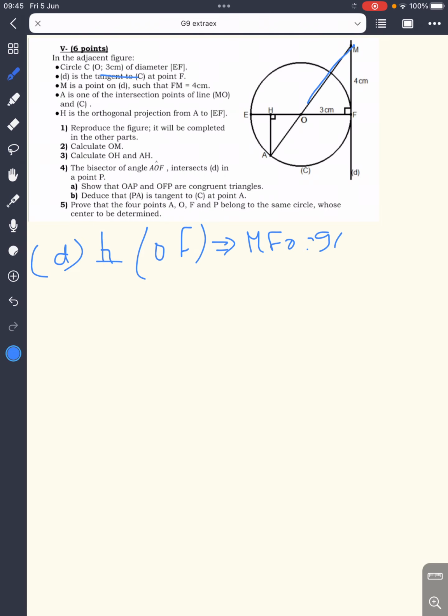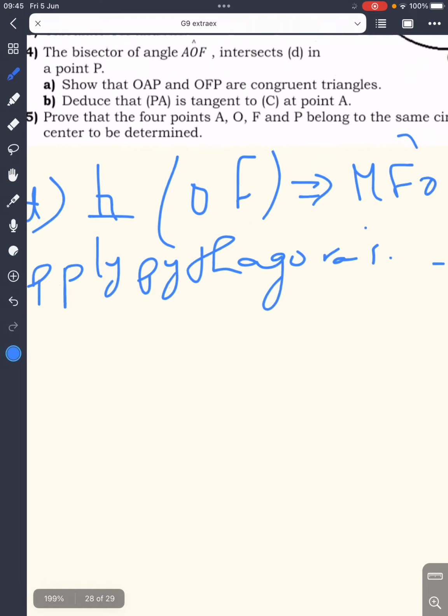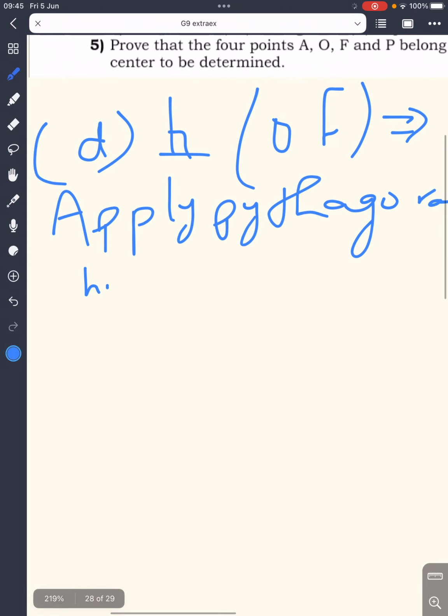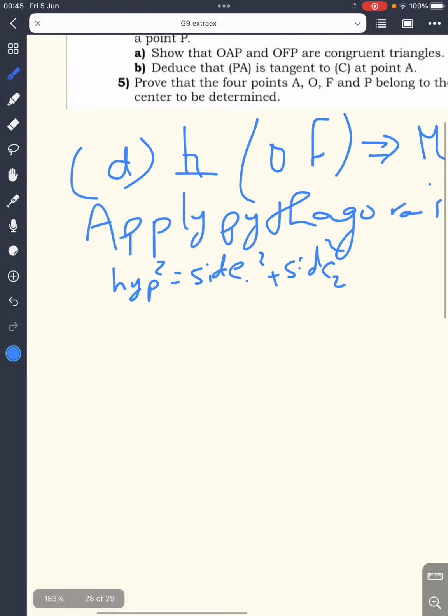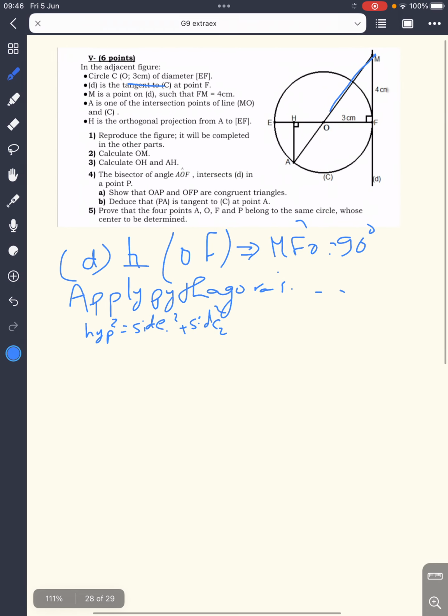Now apply the Pythagorean theorem on right triangle MFO. The theorem states that hypotenuse square equals side 1 square plus side 2 square. Hypotenuse is the longest side in a triangle.